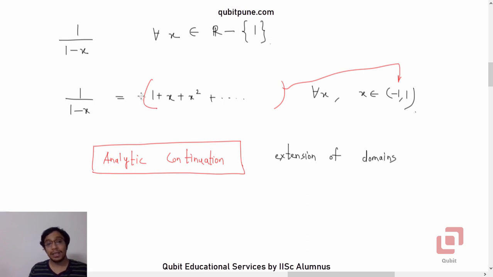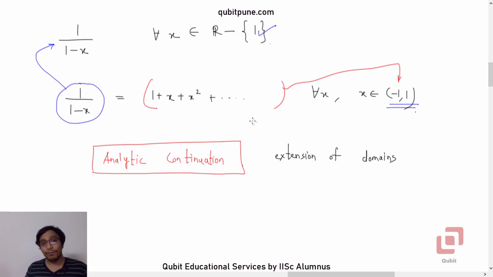But if we prove by some other means that 1 upon 1 minus x is actually the same power series when x lies between -1 and 1, but 1 upon 1 minus x has a larger domain, in fact it is valid, or defined, for all real numbers x except 1.